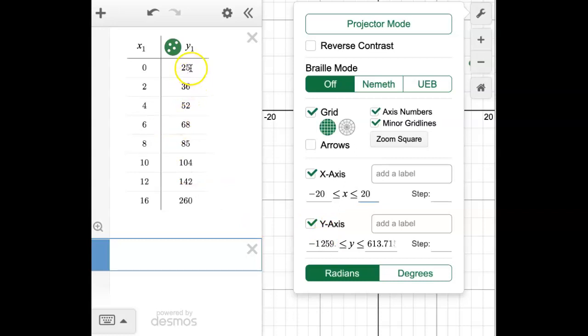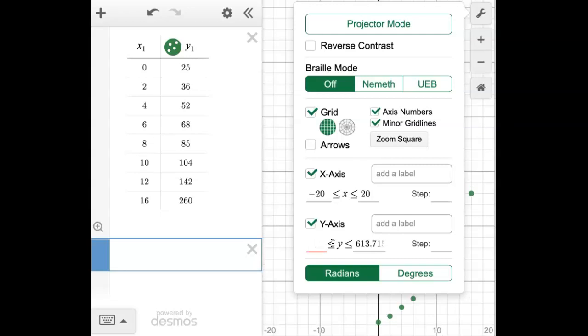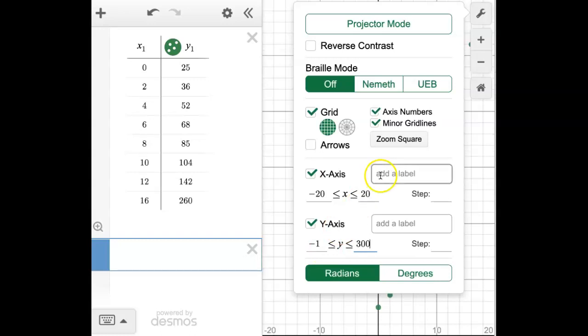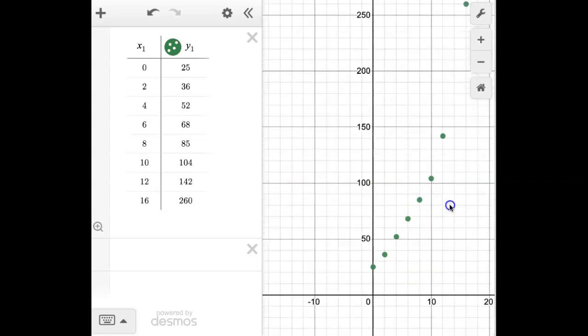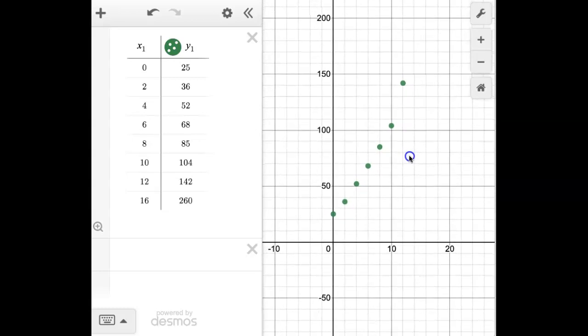The y-axis goes from 25 to 260, and I want to make sure I see everything, so I'll tell it to start at negative 1, and it does go all the way to 260, so I'm going to put 300 there. Now that I've adjusted this, I can go back out here, and you see how it actually looks a little more exponential.